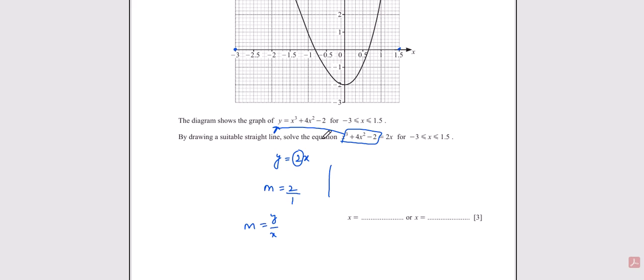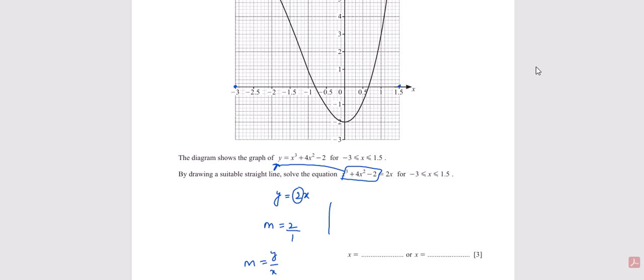This shows that y is 2 and x is 1. So here y is 2 and x is 1. And the opposite point is this one, y is minus 2 and x is minus 1.